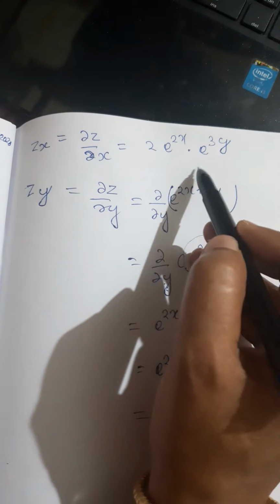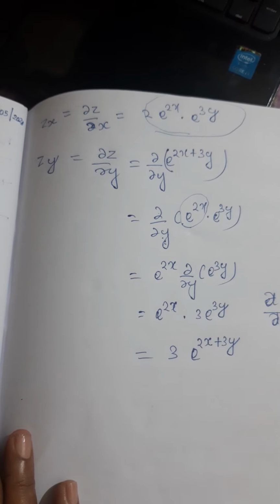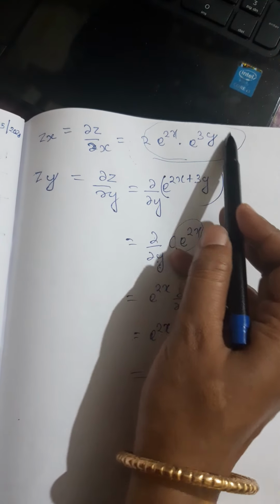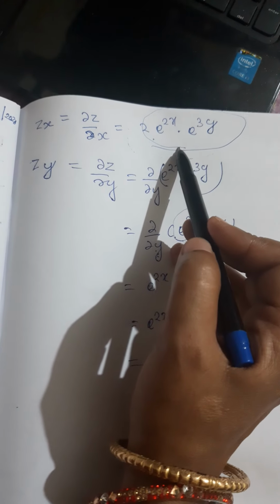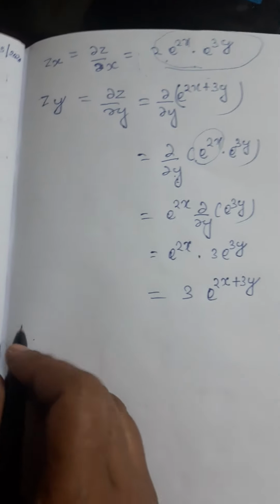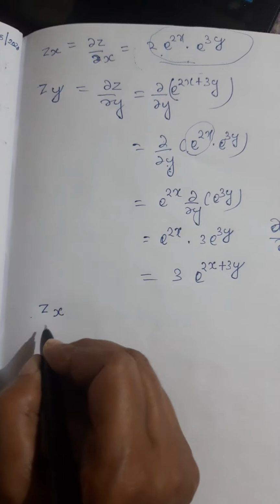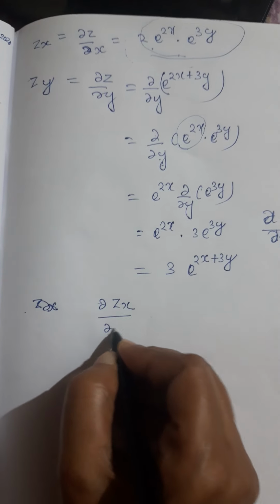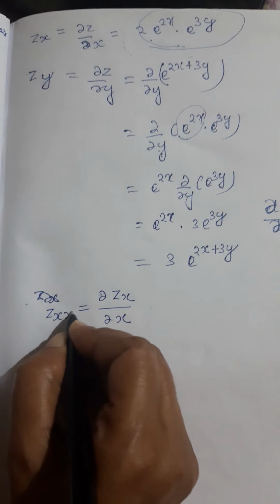So here you can notice that del z by del x is 2 e to the power 2x into e to the power 3y. This is also a function of x and y. So we can differentiate this again with respect to x and also with respect to y. So let us differentiate zx. If we differentiate zx with respect to x, you will get zxx.